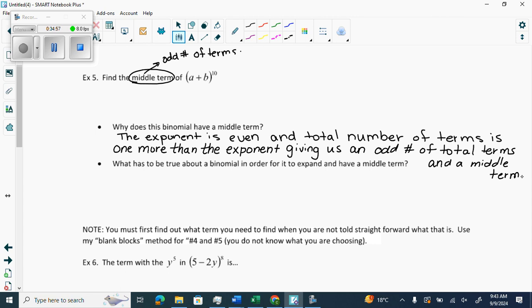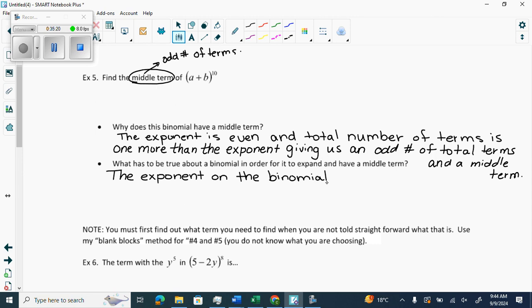And what has to be true about a binomial in order for it to expand and have a middle term? The exponent on the binomial must be what? Even. And most of you will stop there. Is that enough explanation? It doesn't explain anything about what has to be true.